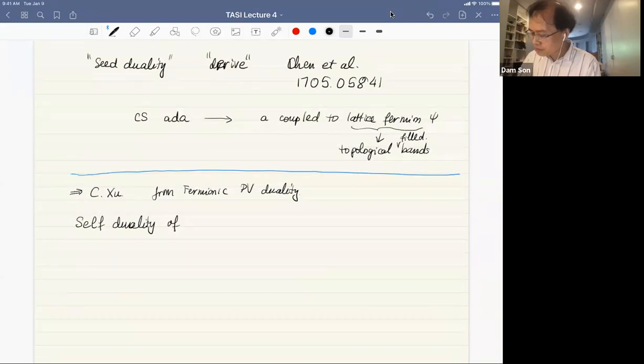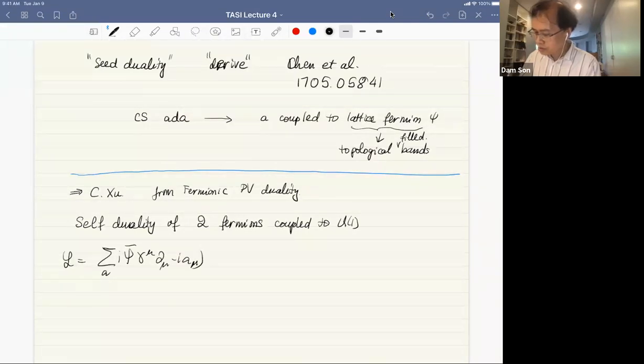of the theory of two fermions coupled to a U1 gauge field. So if they have a Lagrangian like this, where A runs from 1 to 2.